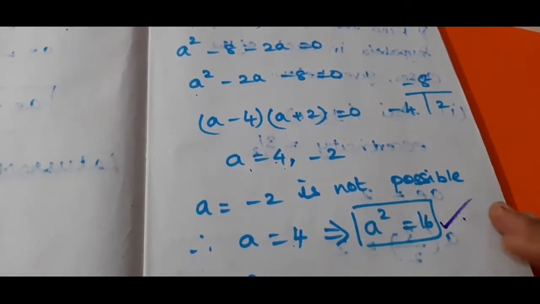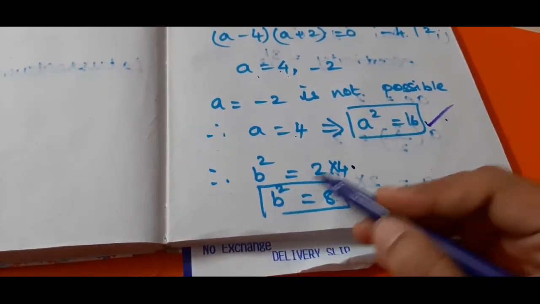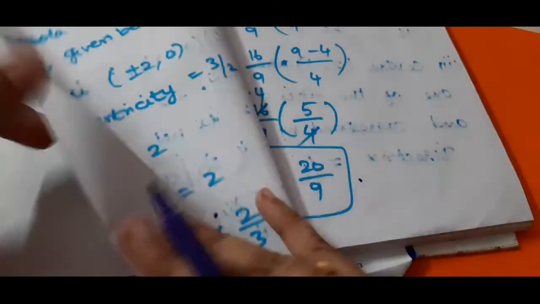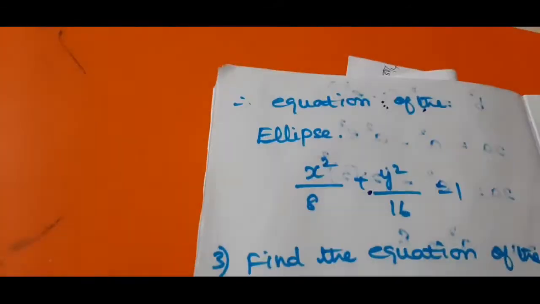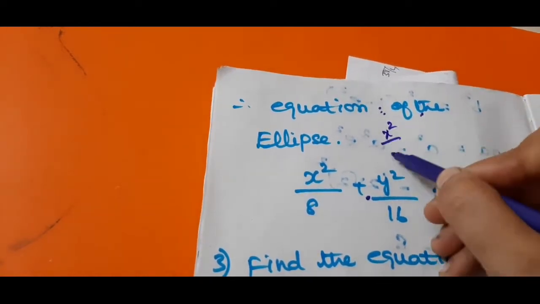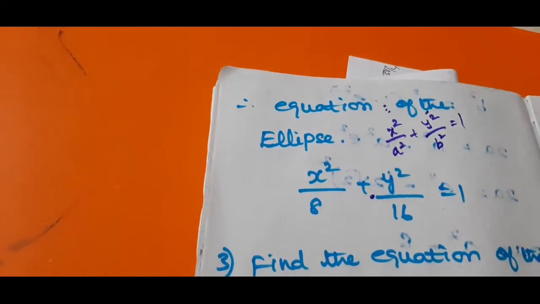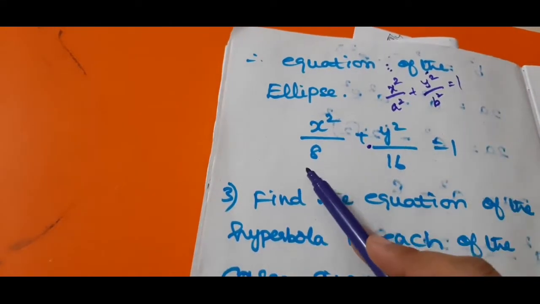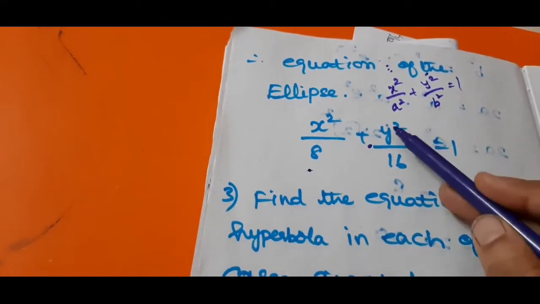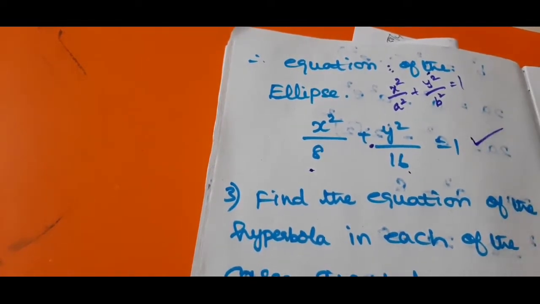With a square equal to 16, the b square answer is 2a, so b square is equal to 8. Therefore the equation of the ellipse will be x square by a square plus y square by b square is equal to 1. Instead of a square I can substitute 16, instead of b square I can substitute 8. So this is our required equation.